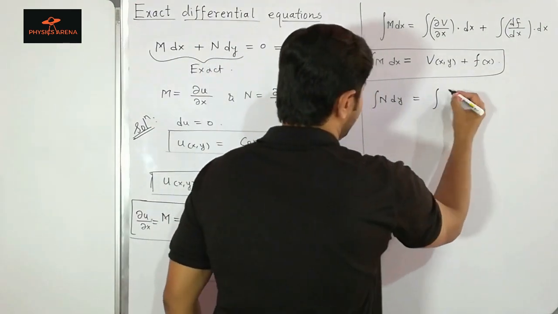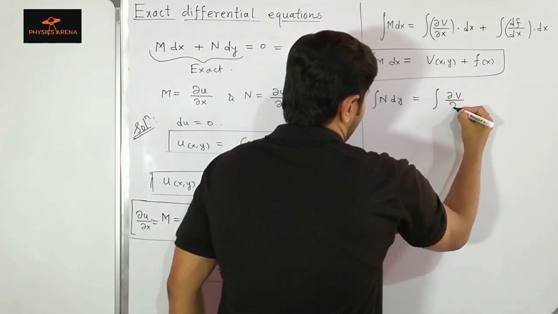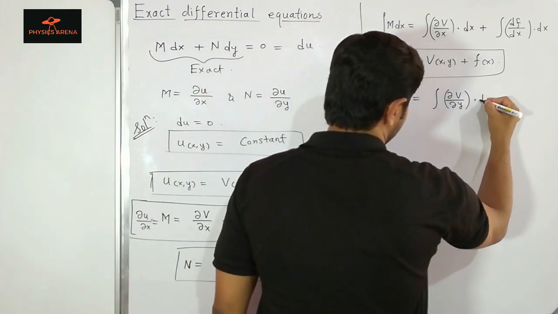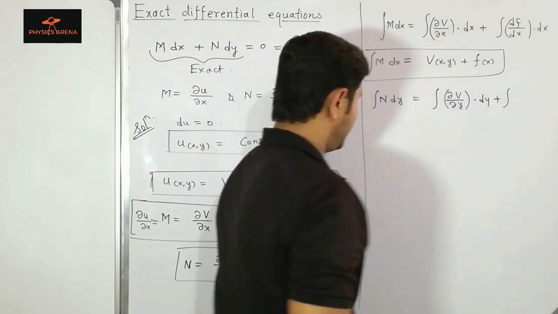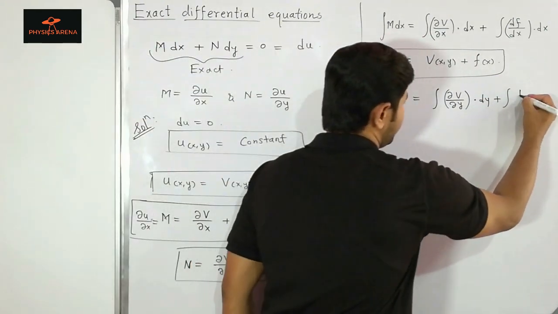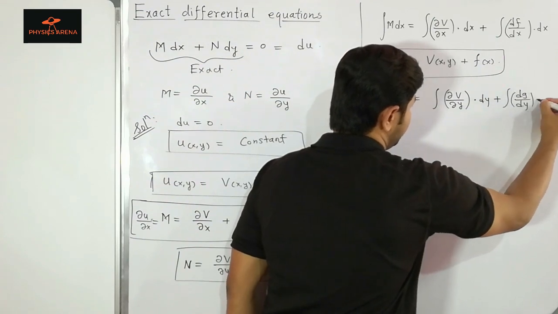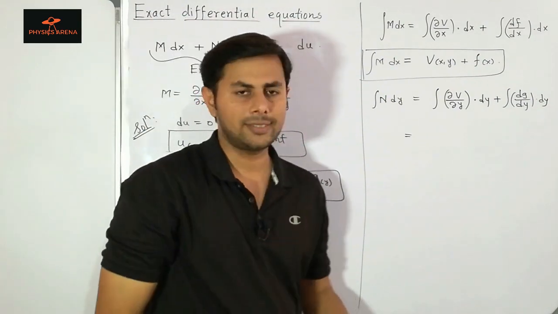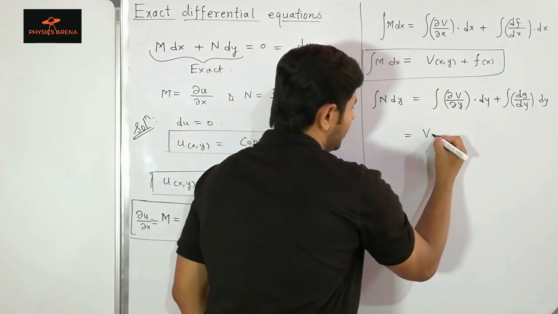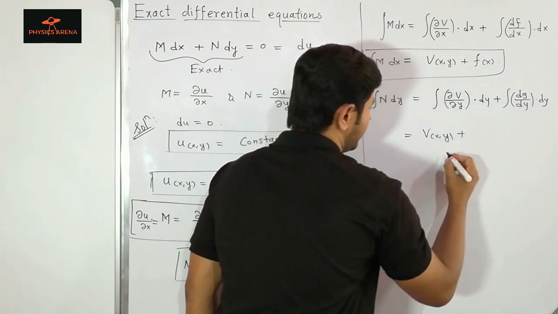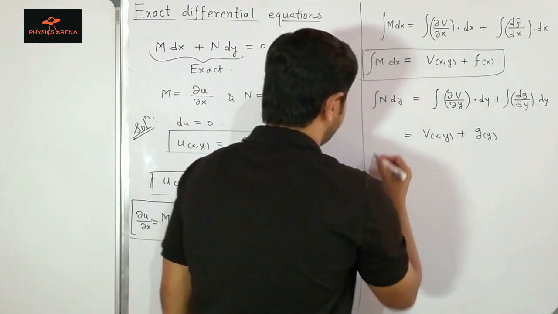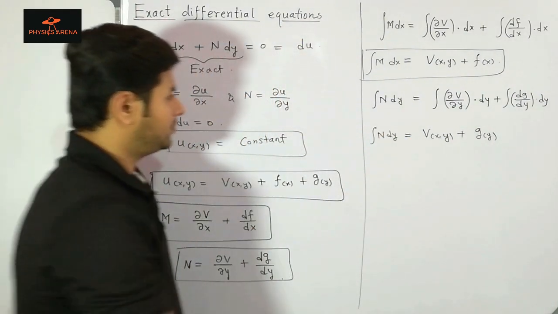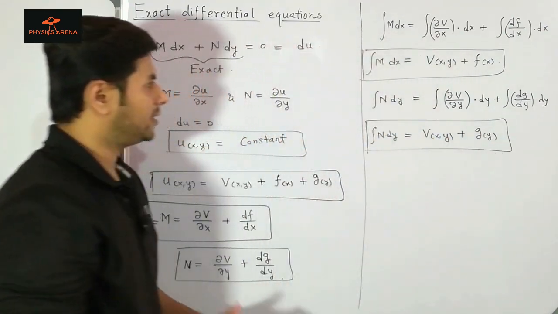So we have the integral of del v by del y times dy, plus the integral of the second term, dg by dy times dy, which is equal to, again, since the integral is an antiderivative, v of x, y plus, from here, we have g of y. So if we integrate n, we get this.